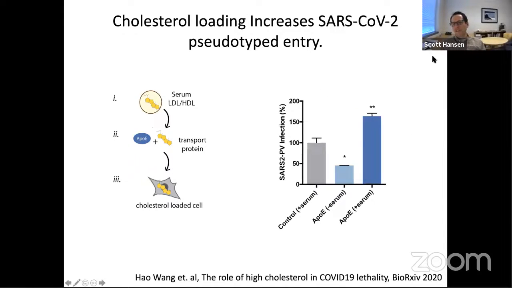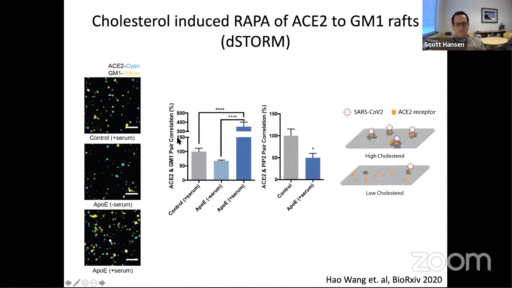And so we showed that the virus entry was dependent on this cholesterol. And then we imaged ACE2 going in and out of the lipid rafts. And we could see that when you had high cholesterol, the SARS-CoV-2 virus was clustering, and that in young people and people who were otherwise healthy, the ACE2 receptor was outside of the rafts, and so they would be protected from infection.